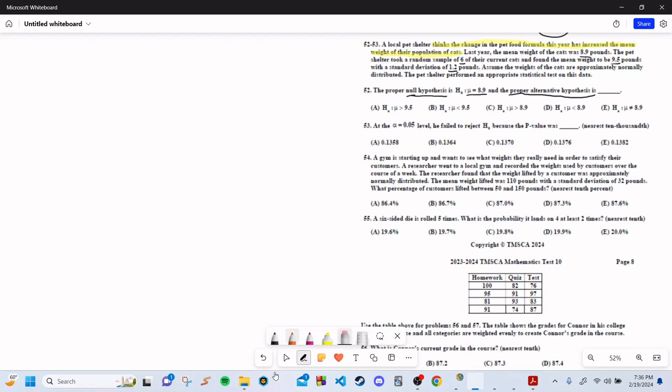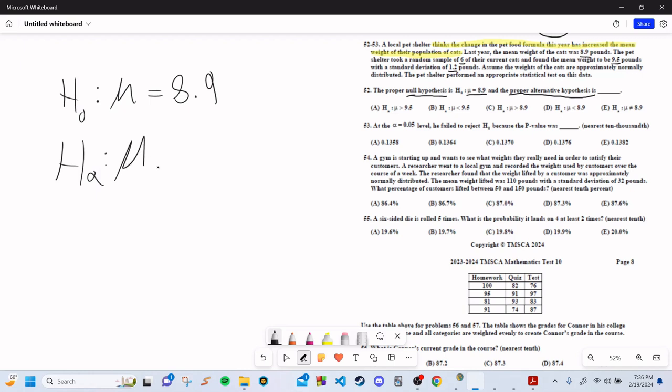And so the proper alternative hypothesis isn't that, so this is the null hypothesis. It's what the original data says. So it's not that the mean is going to be equal to 8.9 because they believe that the weight has increased.